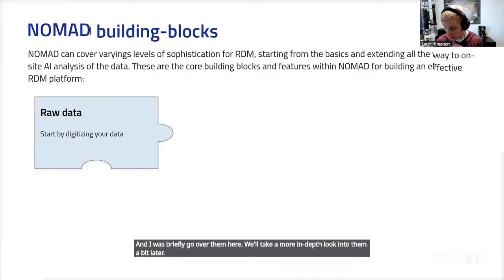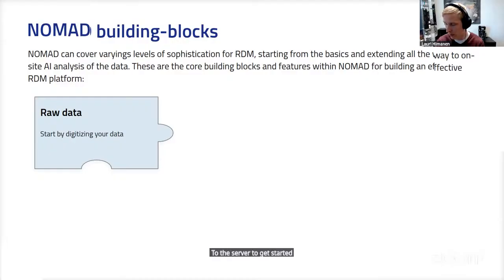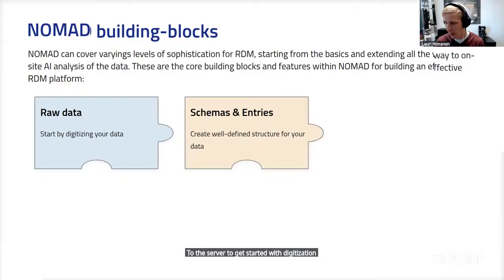So the first building block is essentially just the raw data. You start by just sending your files and folders to the server to get started with digitization. And as I mentioned, Nomad is all about structuring your data.